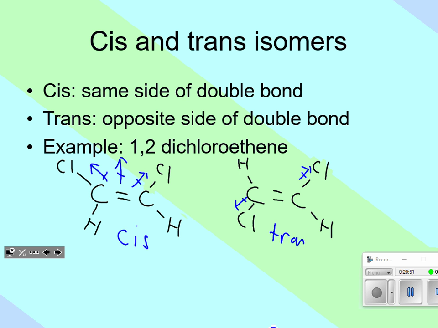This is trans. So one of the things that we need to do is differentiate between these two if we have two groups coming off that double bond on opposite ends of it.